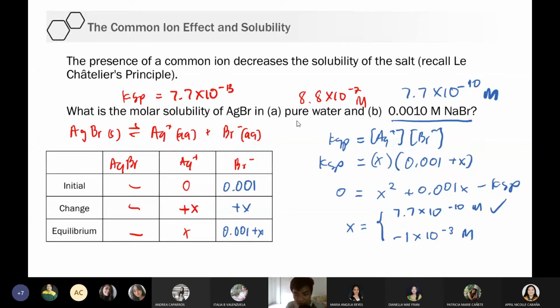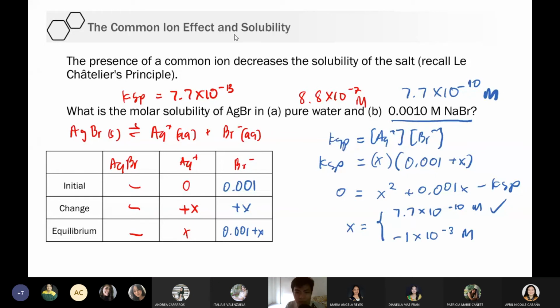Iba pa yan sa diverse ion effect. Okay? Yun yung nasa last lecture nyo, di ba? Last chapter sa lecture, di ba? Nakwento na ba sa inyo yung gamma, ionic activities, no? So, iba pa yon. Yun yung major counterpart ng common ion effect.